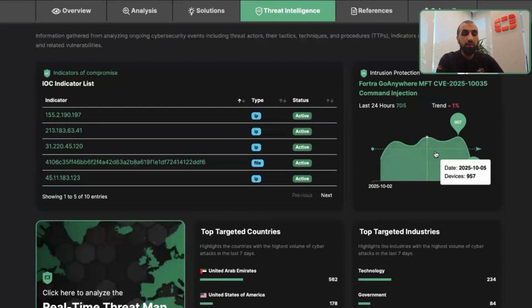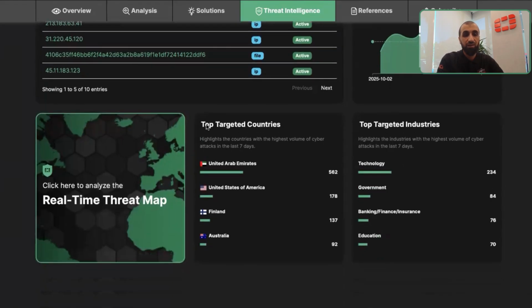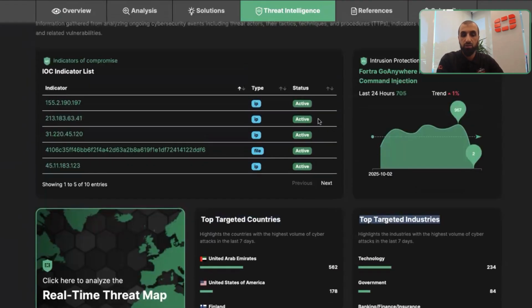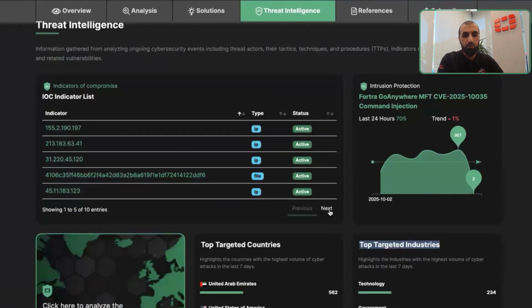Also, if you take a look at the attack ratio, you can see hundreds of attempts are being conducted, which indicates that threat actors are actively leveraging this vulnerability. It's also very organized. You can see the top targeted countries, whether your country is impacted or not, and the top targeted industries. So you can familiarize yourself with these indicators of compromise. You can go to the next pages, etc.